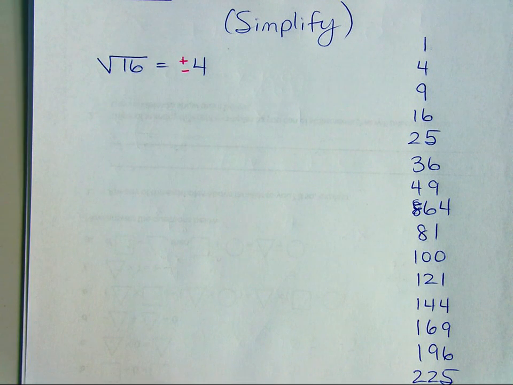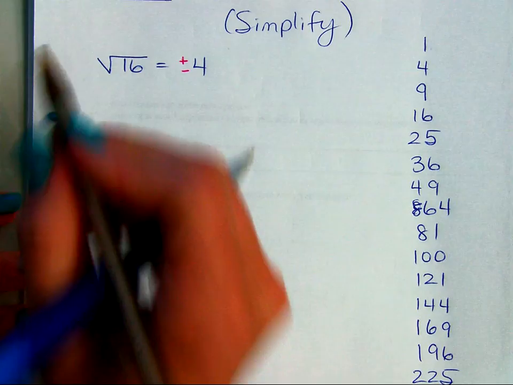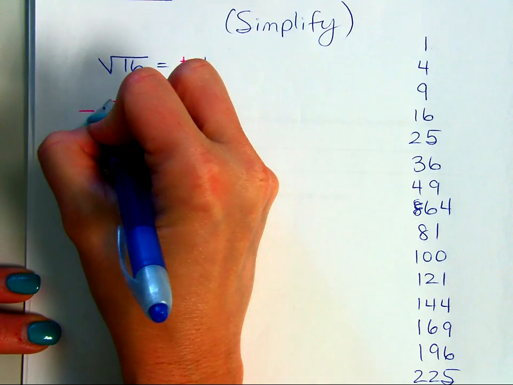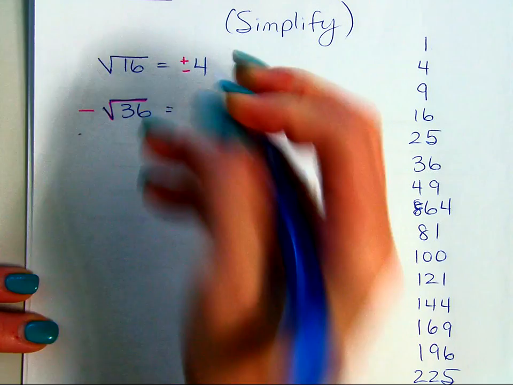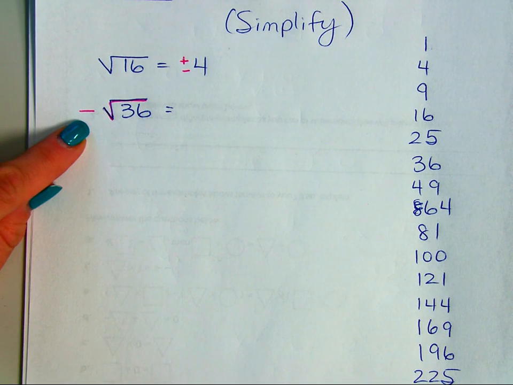However, when we deal with square roots, we are mostly dealing with the positive one, and that's called the principal square root. So most of the time, that's what we want, right? So if I were to say to you, give me this, that negative sign also means the opposite of, we know, right?